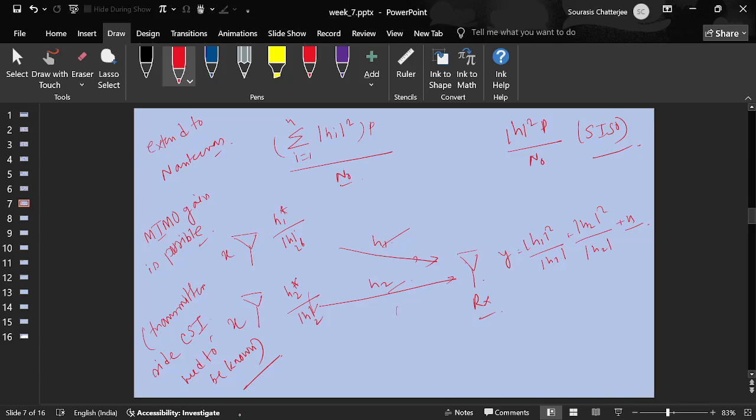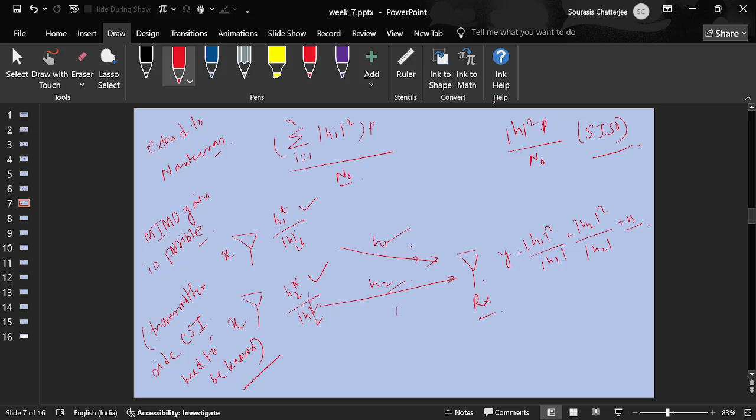I hope I am able to make my point here. The main point of reciprocity is that your uplink and downlink channels are the same. So in uplink, when the user transmits something, it is much easier for the base station to estimate the channel because it has multiple antennas. It knows the channel state information. Now it is using the same CSI to apply these precoding weights.